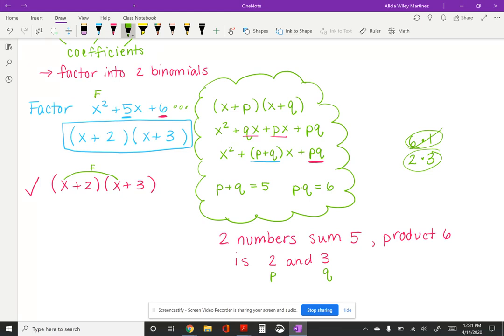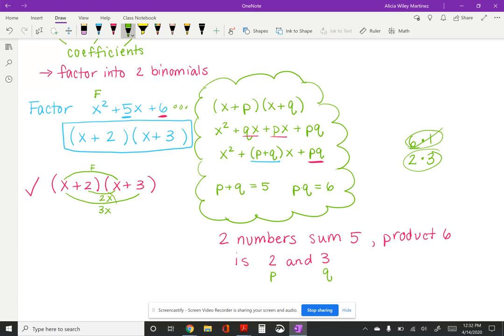When I multiply the outside, x plus 3, that's going to give me my 3x. And when I multiply the inside, that's going to give me my 2x.